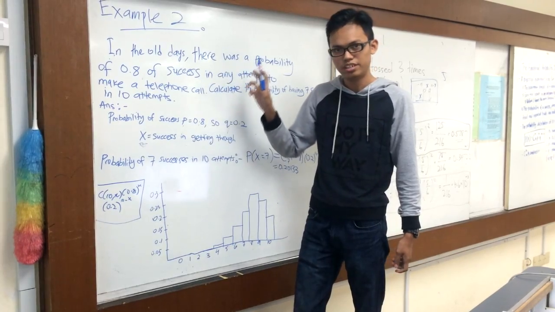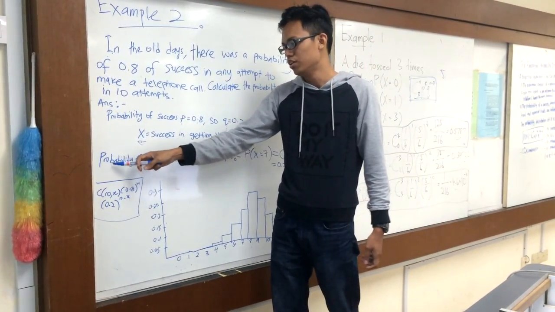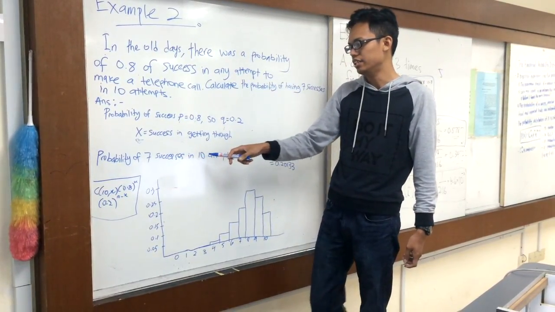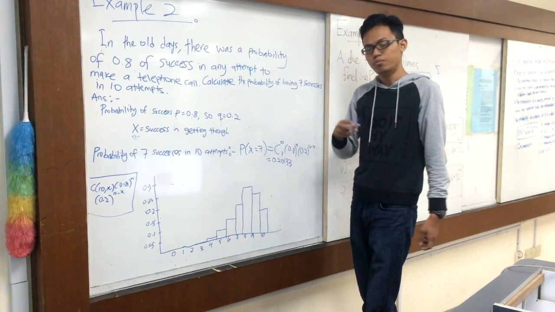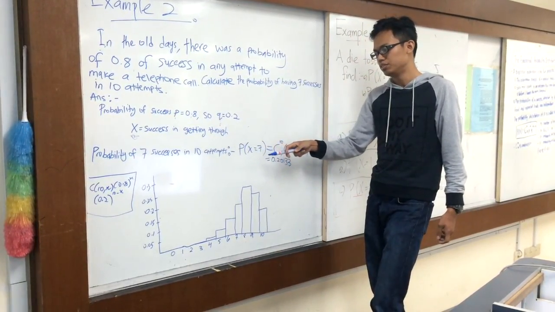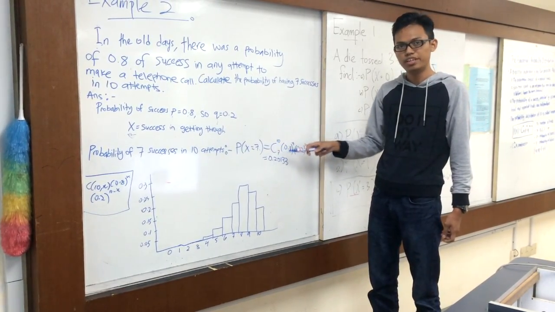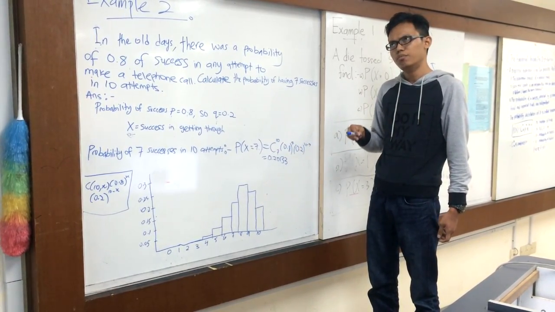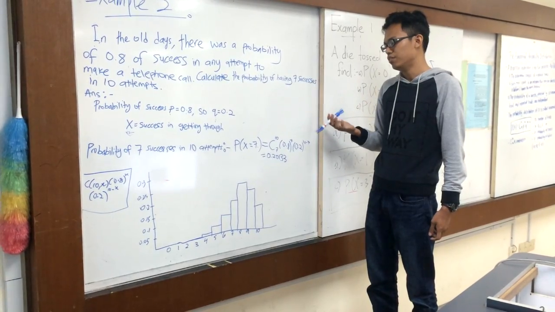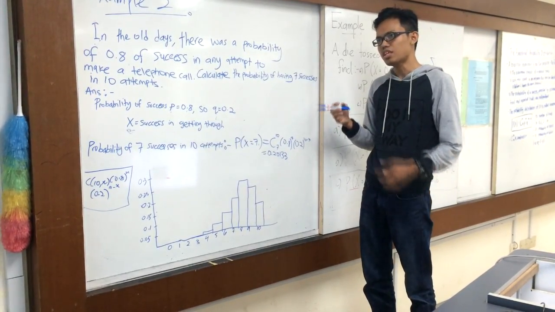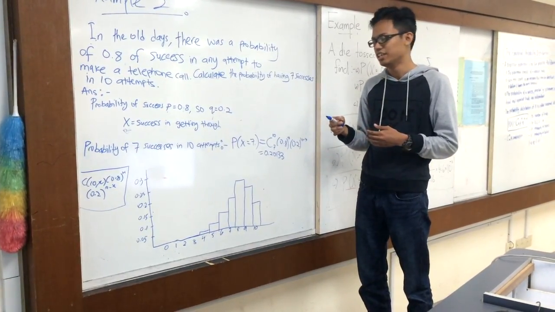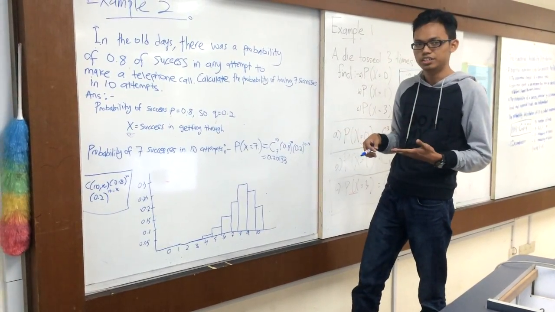Because we want to find the probability of 7 successes in 10 attempts, we use the formula P of X equals 7, with the combination formula, since we don't care about the arrangement, it's not like permutations.